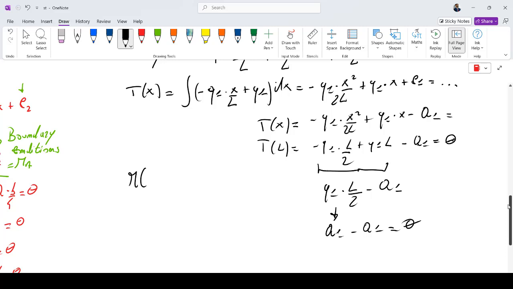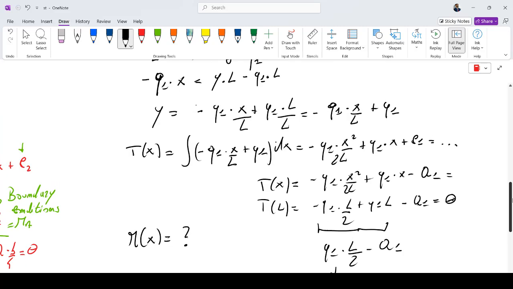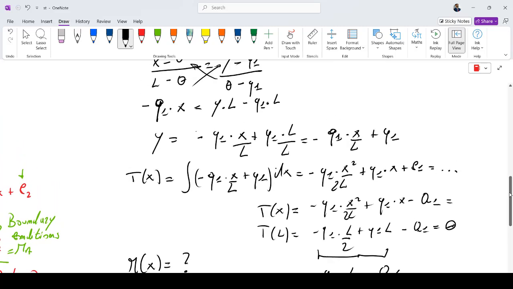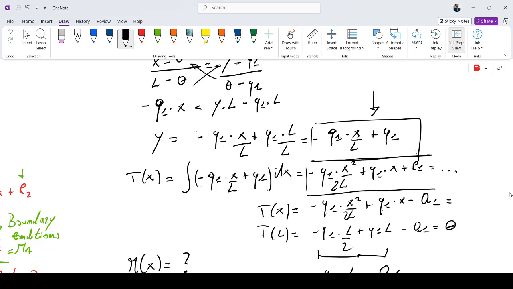For exercise, we can do some calculus to obtain the distribution of bending moment along the beam when the load is not constant but linear, starting from this equation of the load and this equation of the distribution of the shear force.